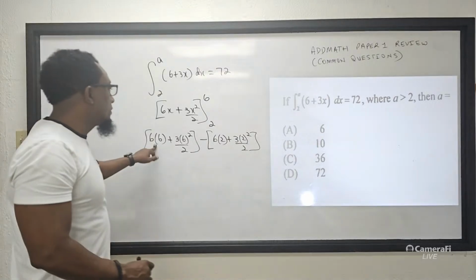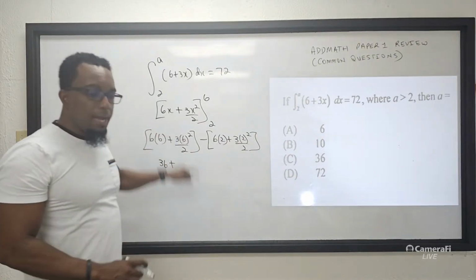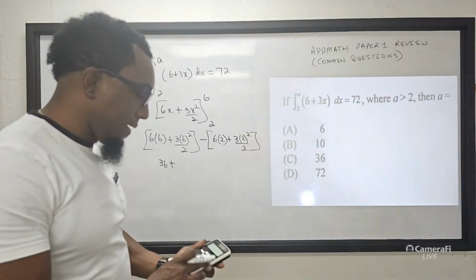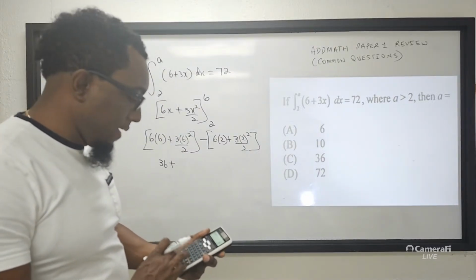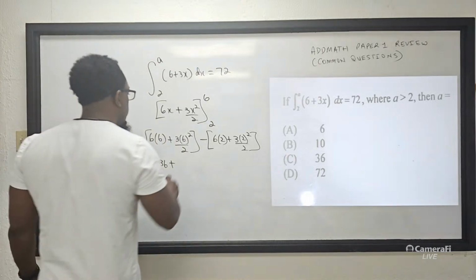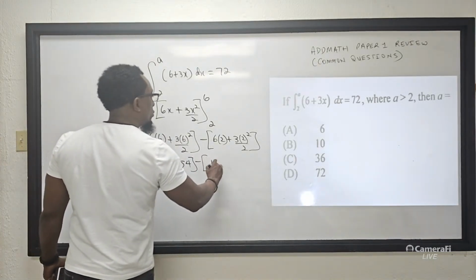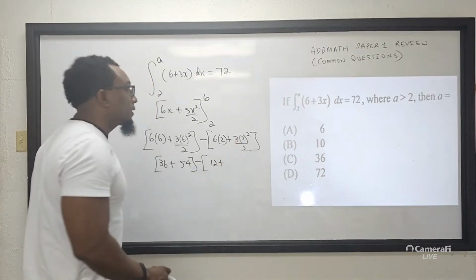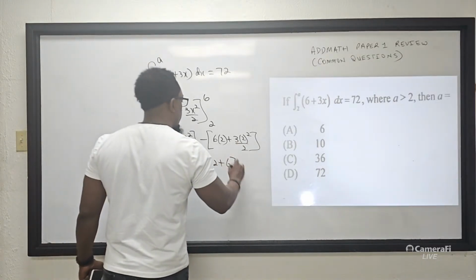This becomes 36 plus 36 by 3, which is 108 divided by 2, which is 54. Subtract 12 plus 2 squared is 4, 4 by 3 is 12, 12 divided by 2 is 6.